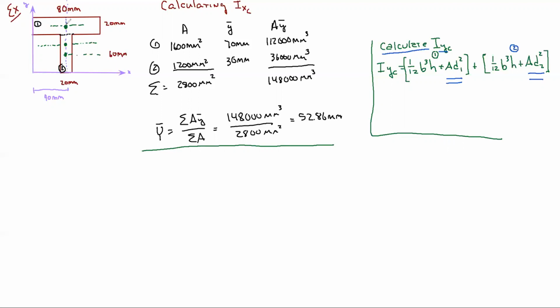There is no distance between them. There is up and down, like we used for the first part of this problem, but there's no difference in the distance left and right. So this term and this term would be 0 in this problem.